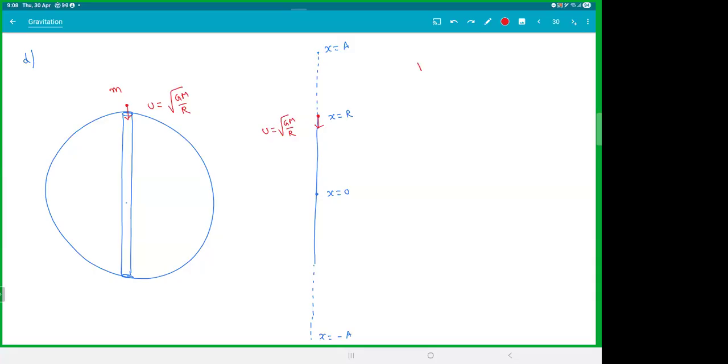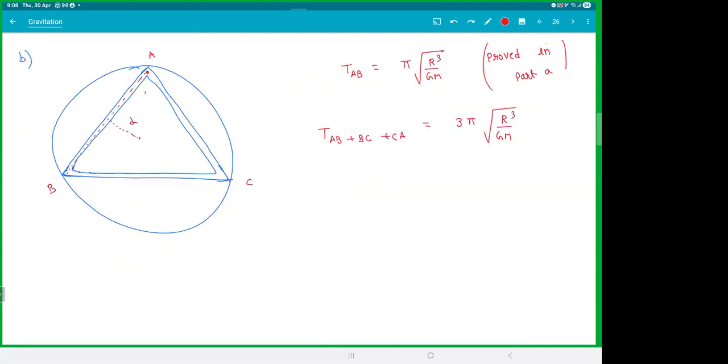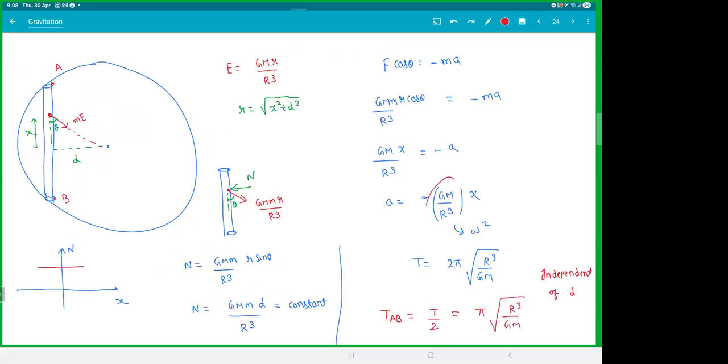And then we know in SHM, there's a very useful formula, omega into root over a square minus x square. So if I use this, the speed is root over GM by r, and omega is root over GM by r cube. And this is root over a square minus r square. Omega, where did I get it from? You got it from part 1. This is your omega, root GM by r cube.